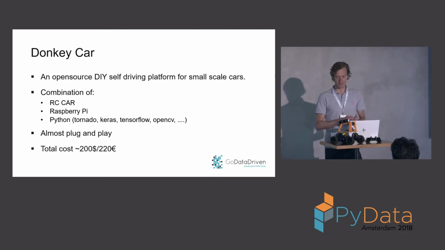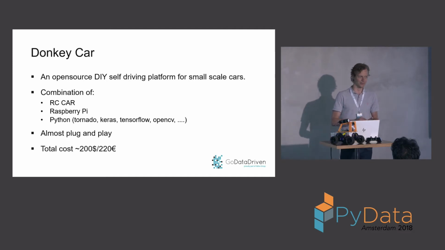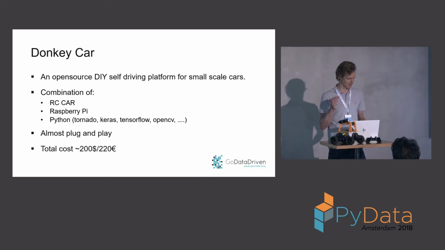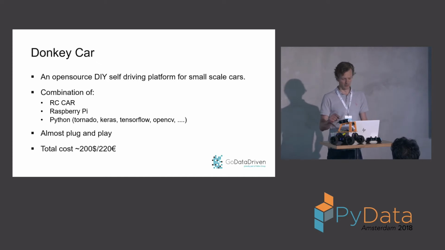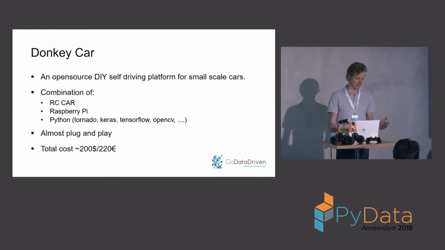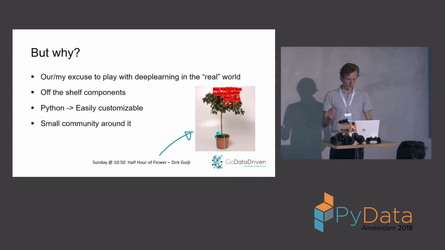And I think the most important part of this talk is that it's ridiculous how easy it is to build such a car once you get hold of all the components. They say it's roughly $200 to build. Once you import all the stuff here in the Netherlands, it's roughly 220 euros, but that's the import tax for you.